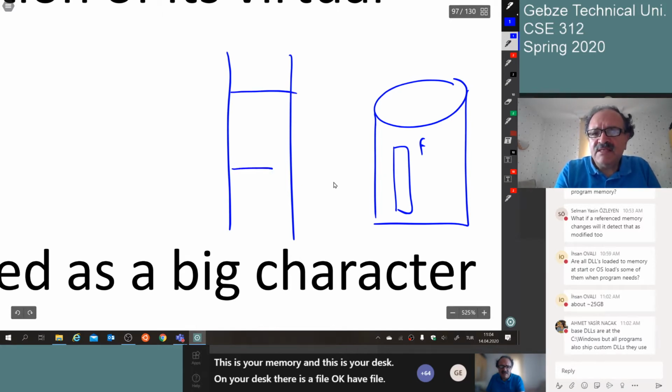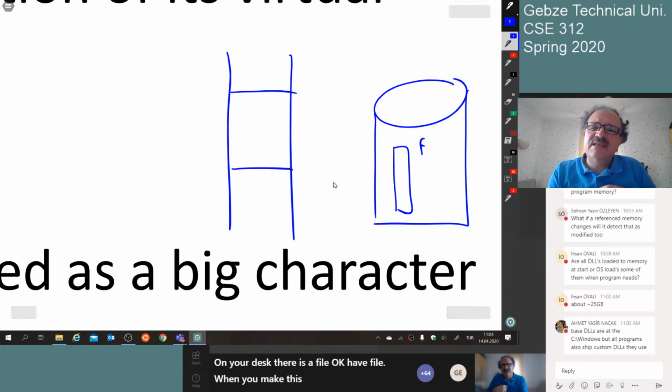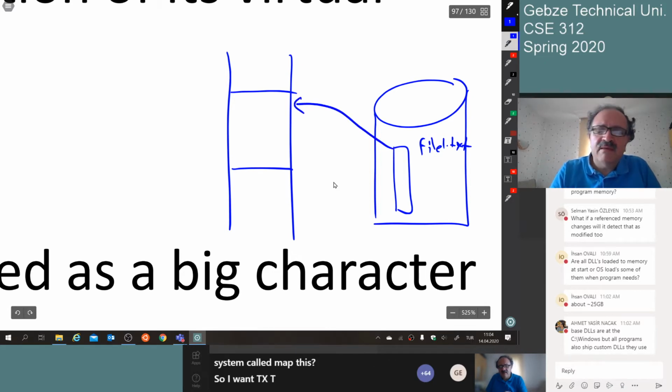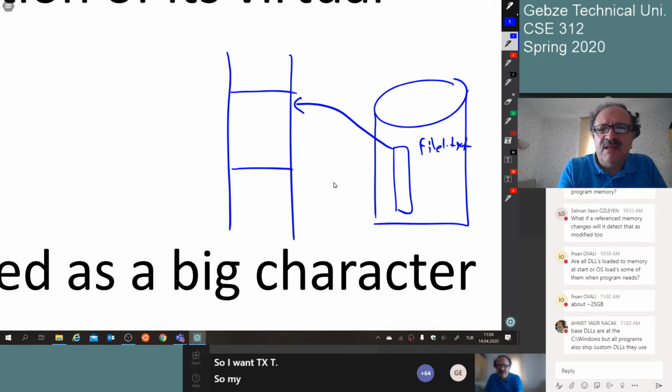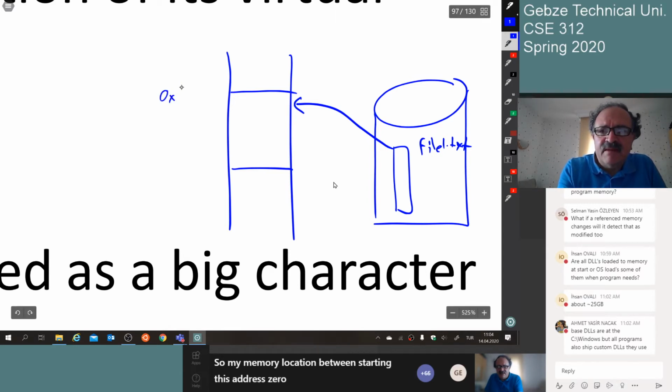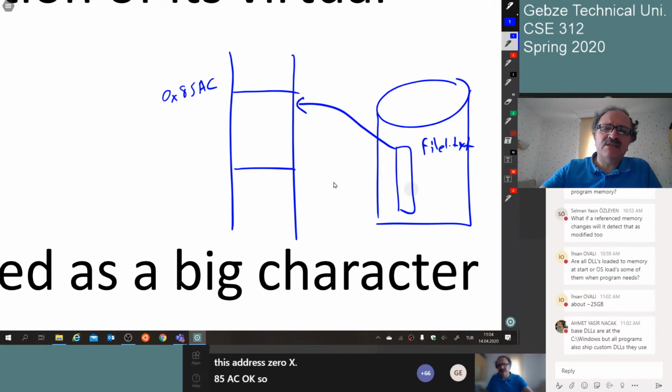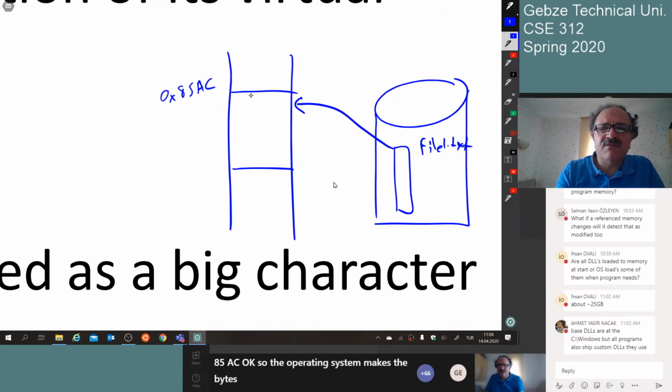When you make this system call, map this file1.txt to my memory location starting at this address, 0x85AC. Okay, so the operating system makes the bytes of this file available starting from this position to the end.